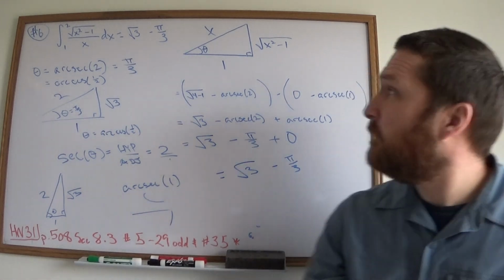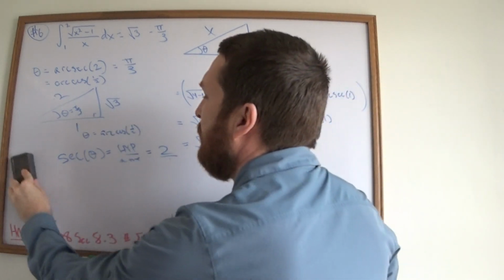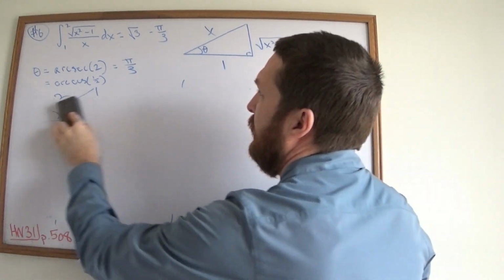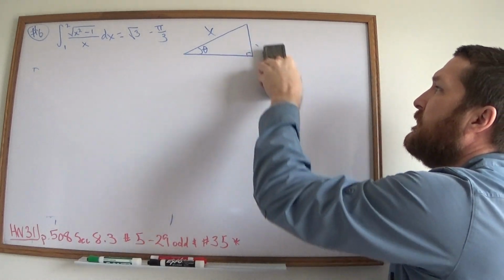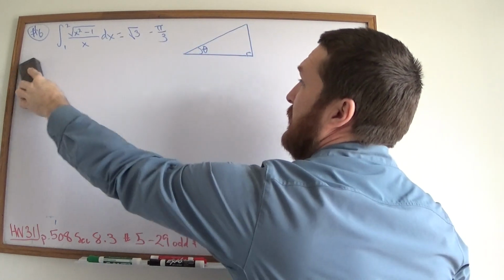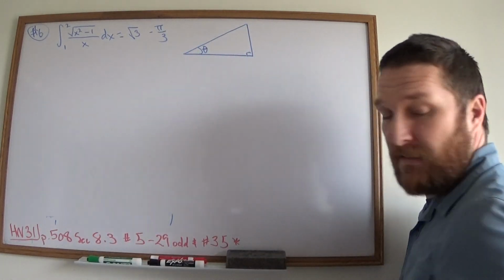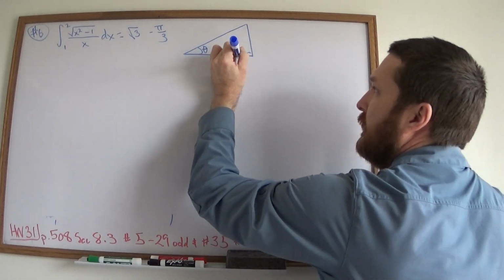Okay. Now, let me go back, because I said I was going to do this. I said it does not matter how you set up your triangle. The book is very adamant that you have to set it up a certain way. And I say it doesn't matter. I said you could put that anywhere.